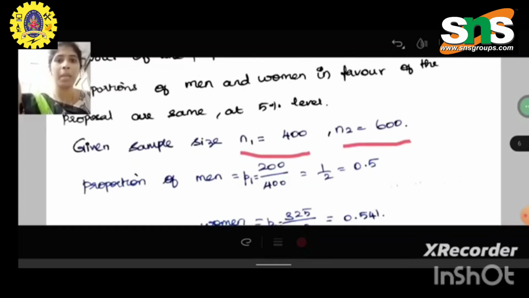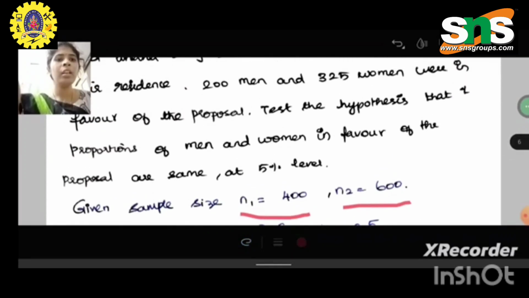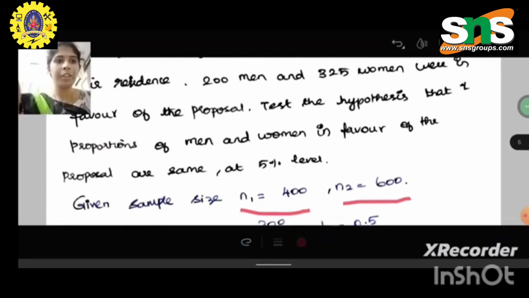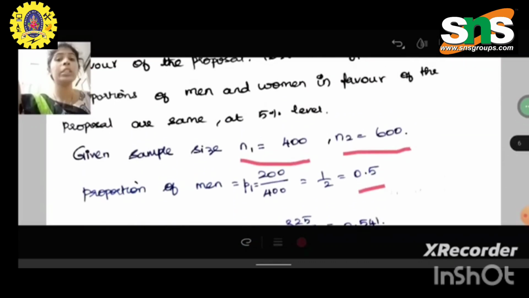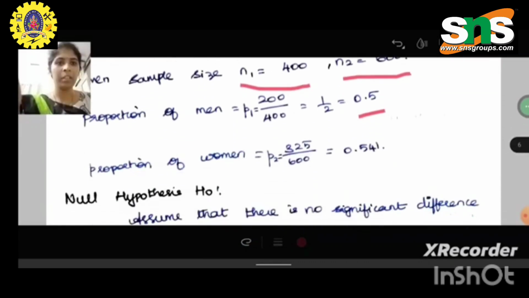Therefore we are taking P1 as 200 divided by 400, which results in 0.5. Then among 600 women, 325 women only support the proposal. Therefore 325 divided by 600, which results in 0.541.